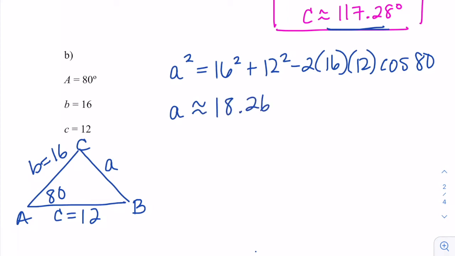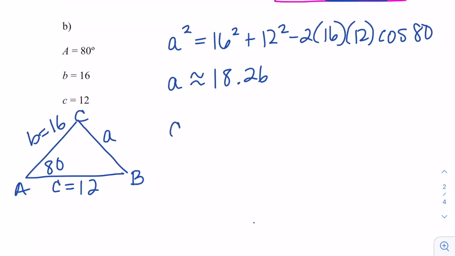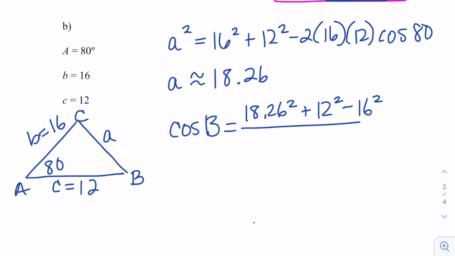Now, if we wanted to find the angle for B, we can use the law of cosines as well. So cosine of B, just for practice, is going to be a squared, 18.26 squared, plus c squared, minus b squared over 2ac.